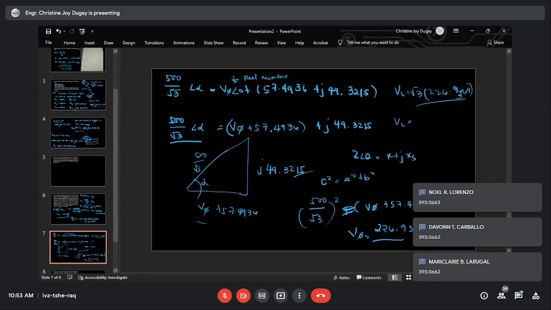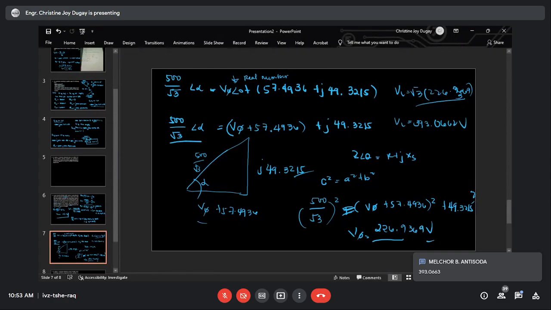So that is 393.066 volts, and that is now the correct answer.